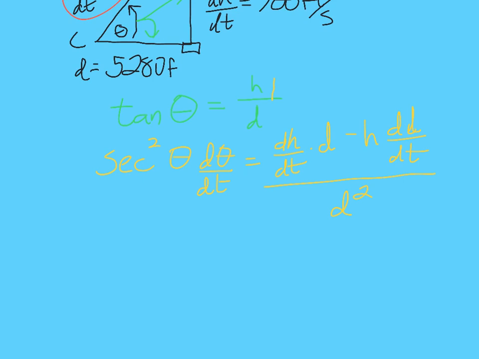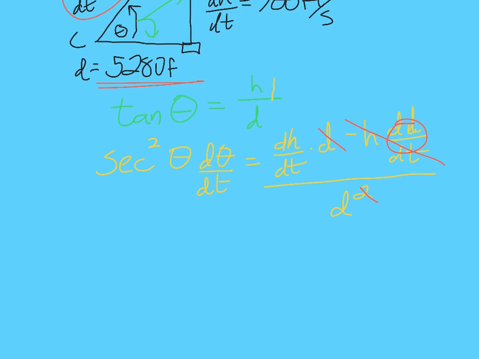Now we got a few things that we can get rid of here. The distance from the launch pad is not changing. So in fact, dD dt, that's just a big zero. So that is all gone.